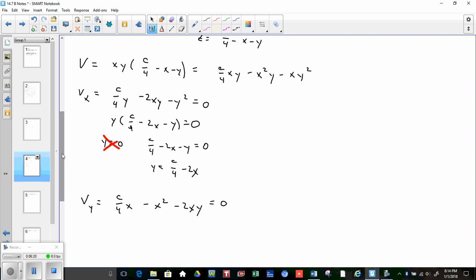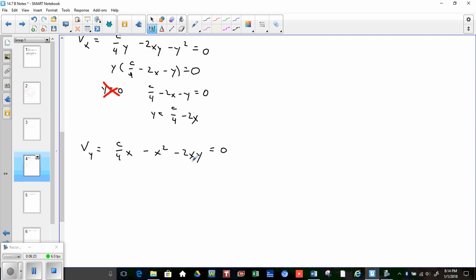Once again, in this case, you can factor out an x. Let's try that again. So let's factor out the x. We should have c over 4 minus x minus 2y equals 0.